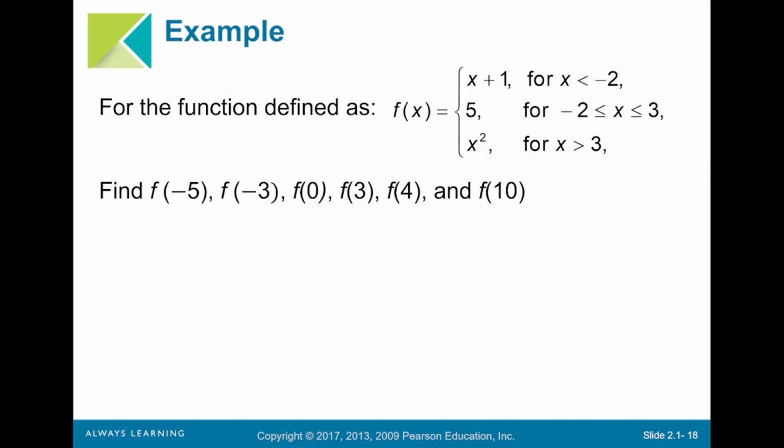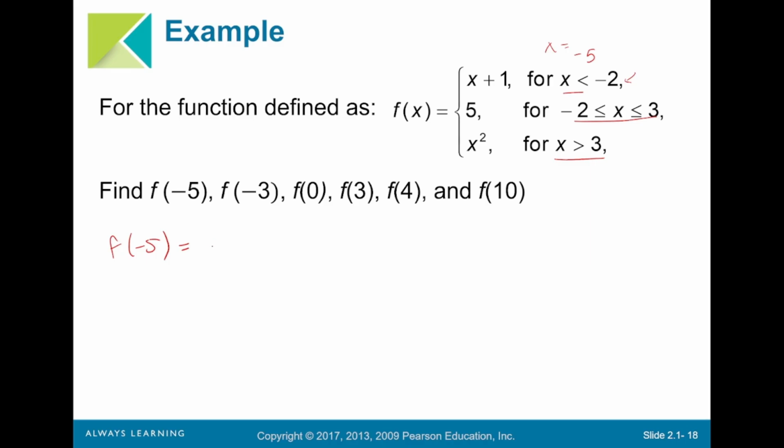So for this function, let's find all these different f values. For f of -5, my x is -5, which means I want to think about which of these intervals -5 falls in. Well, it clearly falls in the first one, right? -5 is less than -2.